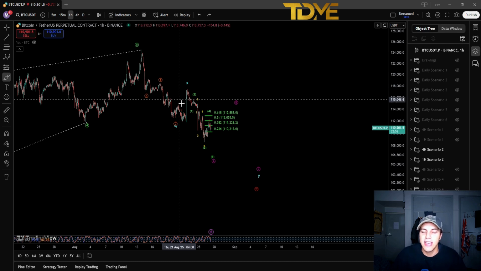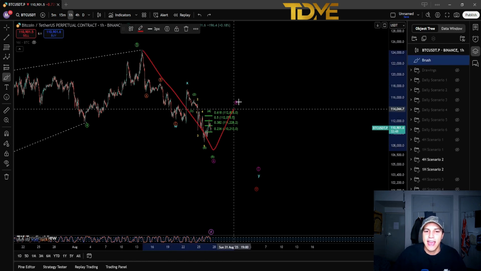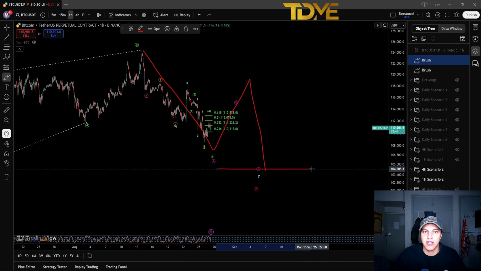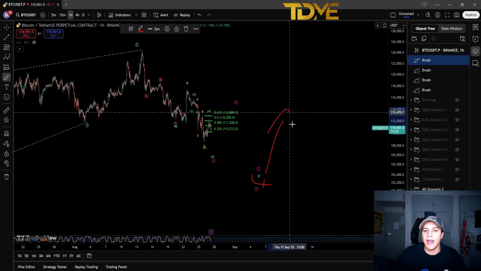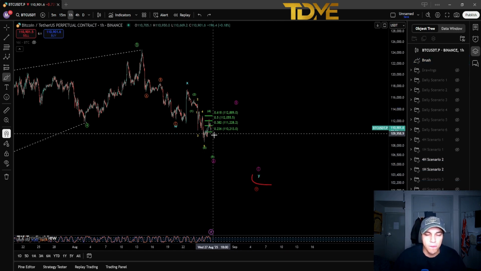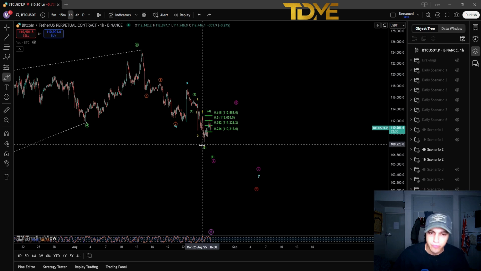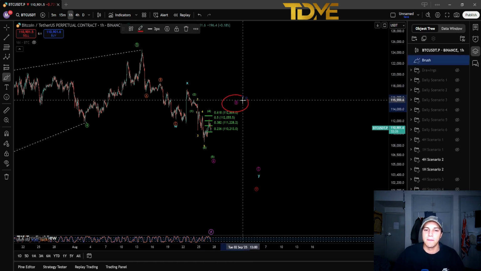So if you are wanting to take a trade, I would wait for this entire A, B, and wave C towards the downside, right? If we then finish in wave 4 over here, we then can look for a long from this area here. But currently we don't actually know whether price is just going to break down completely or we're going to have a bit of a bigger run in a wave B, right?